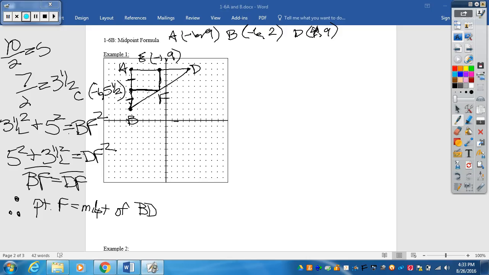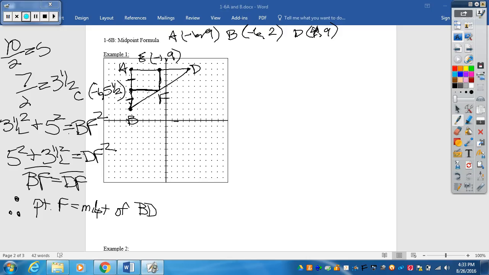Okay? So something to just think about and keep in mind. So that's one way you could find the midpoint of an angled segment. Draw a right triangle, find the midpoints of the sides, and drop them down, basically perpendicular to the sides.